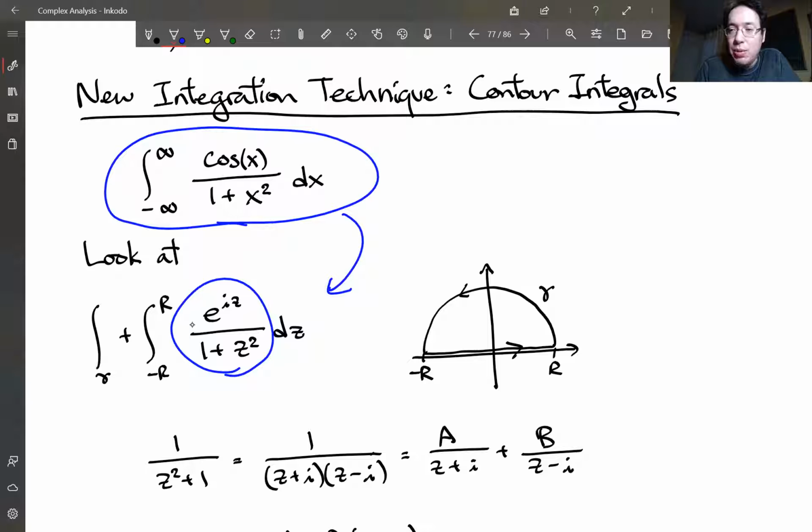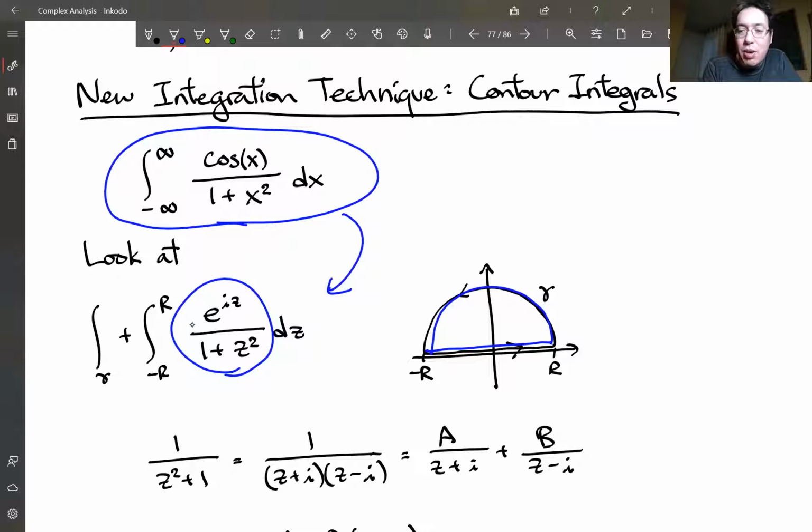We also need to make the path integral a loop, so we could use the Cauchy integral formula. So instead of going from negative infinity to infinity, we're going to make this loop from negative r to r, and we're going to take a semicircular path back to negative r.